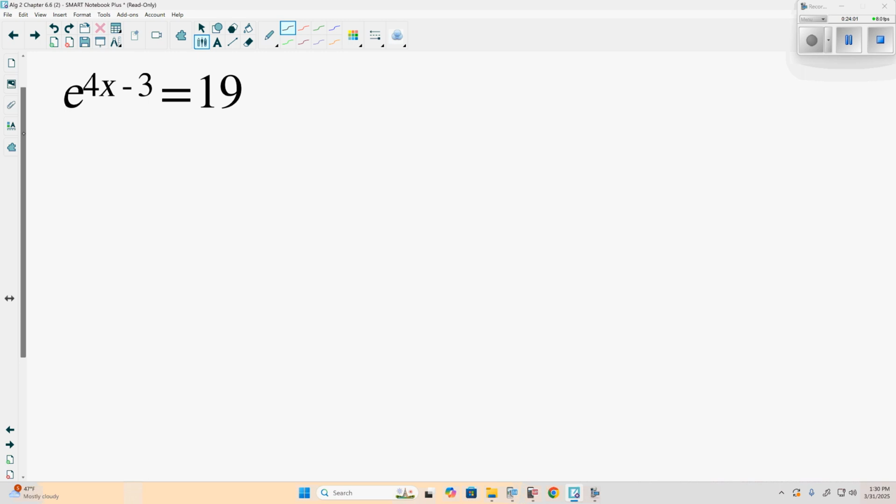All right, guys, focus. So, is there one term on either side? Yeah. So this time we can just apply the natural log to both sides.